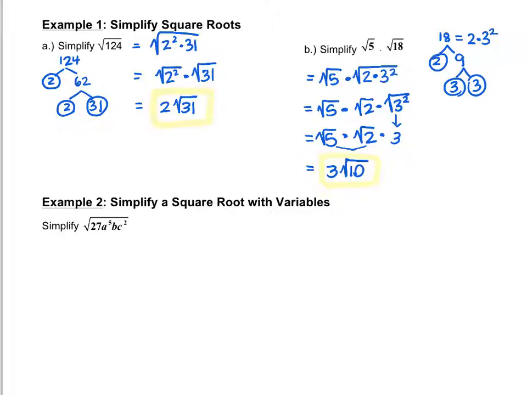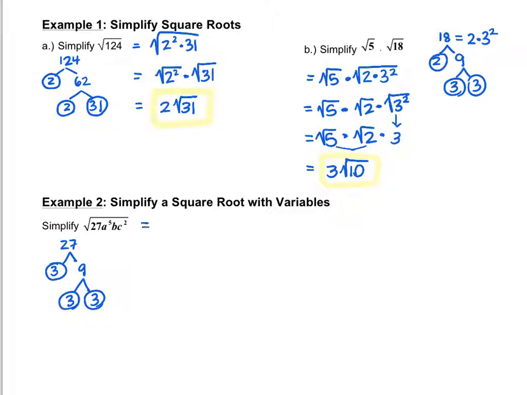In example number 2, we've got variables to work with. So once again, we're going to break it into pieces. We know the prime factorization of 27 is going to be 3 times 3 times 3.